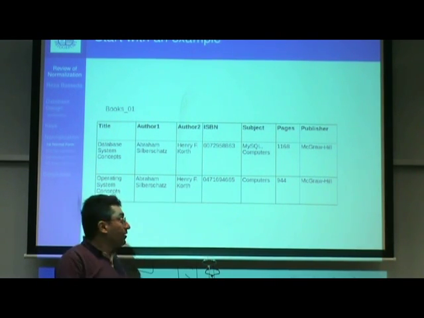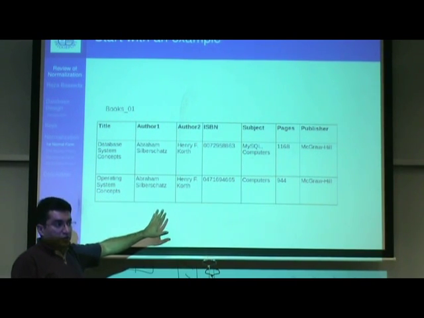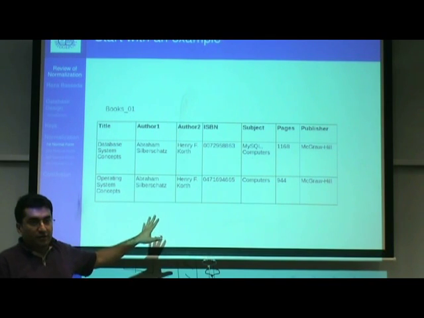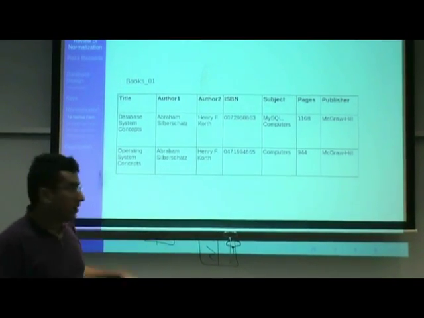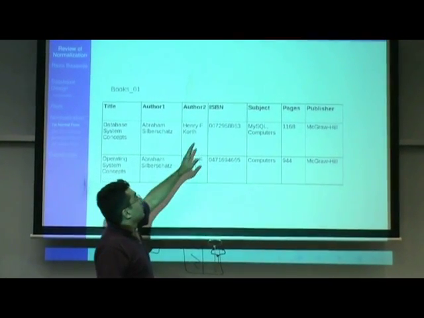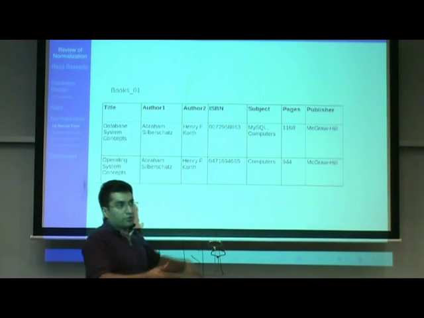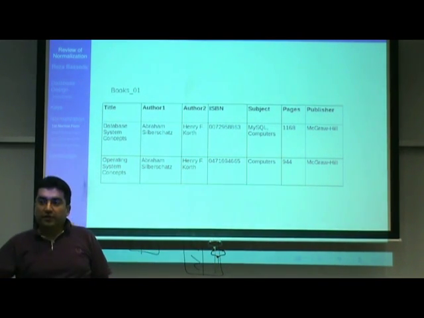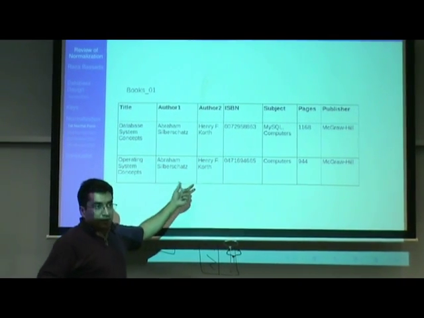But first of all, with this design, you cannot represent a book with more than two authors. Otherwise you have to add another attribute, author 3, and for these two books, author 3 should be null, and you can have another author 3 for another book. So this is not a good way to represent a table.